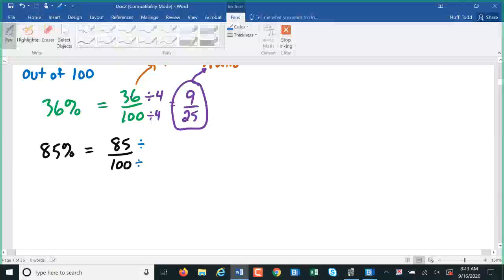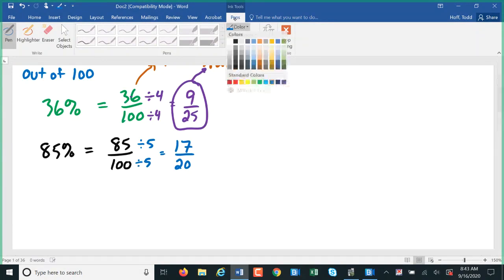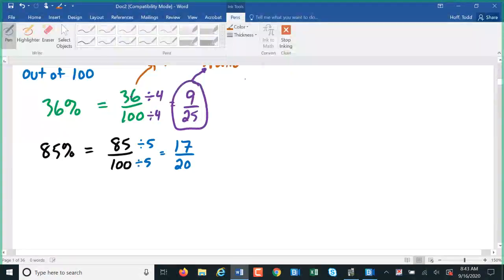Well, they end in 5s and 0s, so they can both be divided by 5. 85 divided by 5 is 17. 100 divided by 5 is 20. That's as far as we can reduce it. That reduces to 17 out of 20. So 85% is equivalent to 17 out of 20.